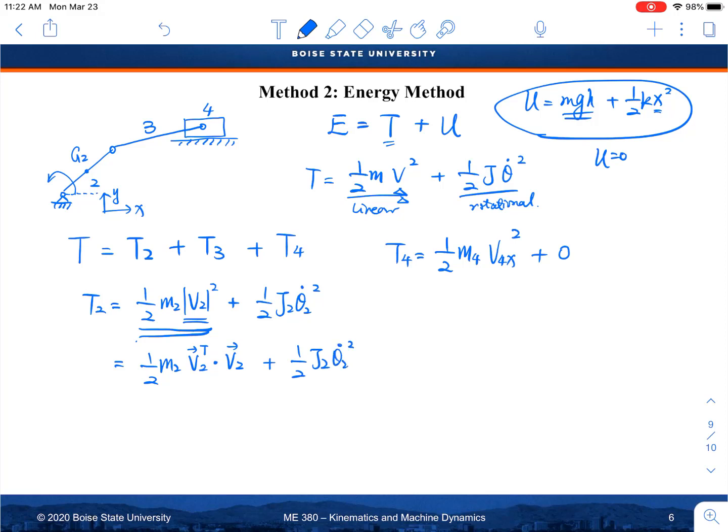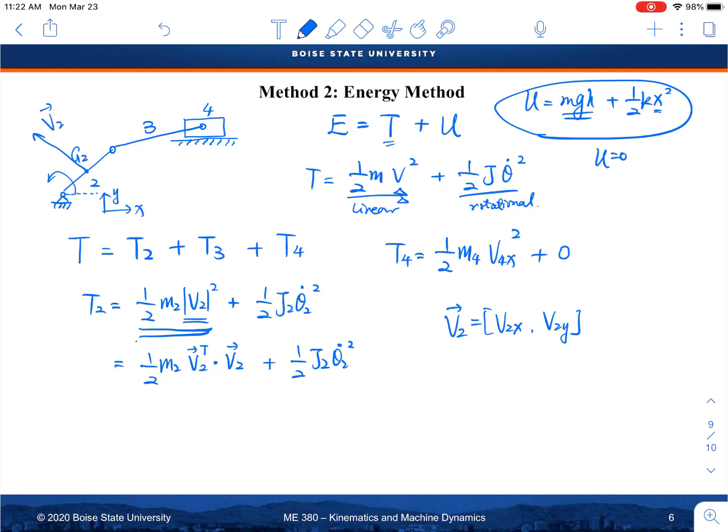So what is the v2 vector? You have v2 vector equals v2x and v2y. So it's actually a vector. Let's make a guess. Let's say your v2 vector is somewhere over there, and it has both an x component and a y component.